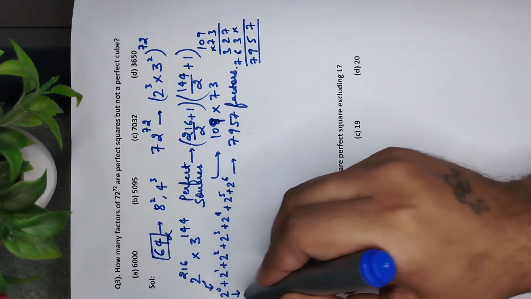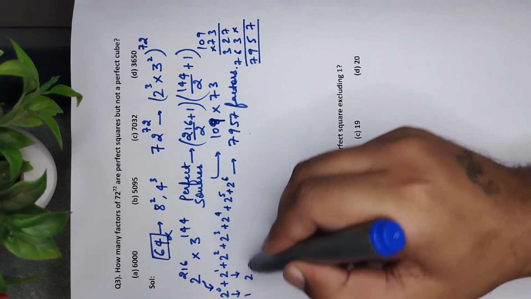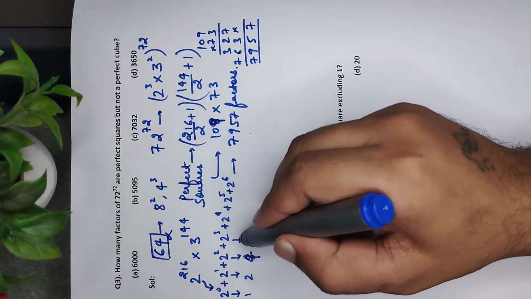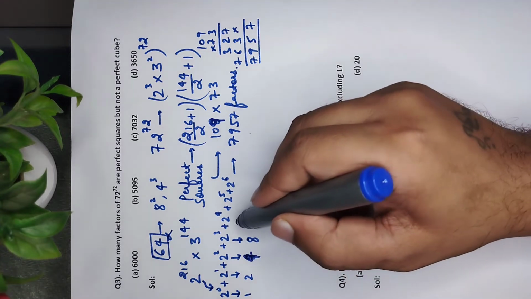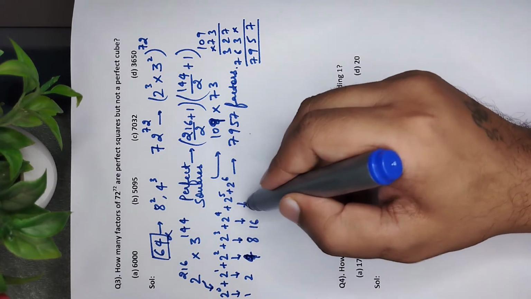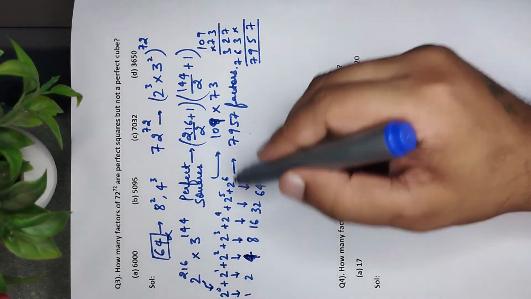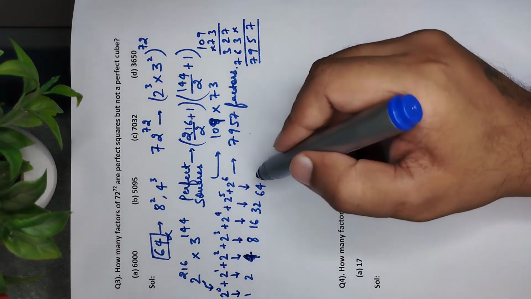So this will be equal to 1, this is equal to 2, this is equal to 4, this is equal to 8, this is equal to 16, then this is 32, then this is 64, and then similarly I will write some more powers.